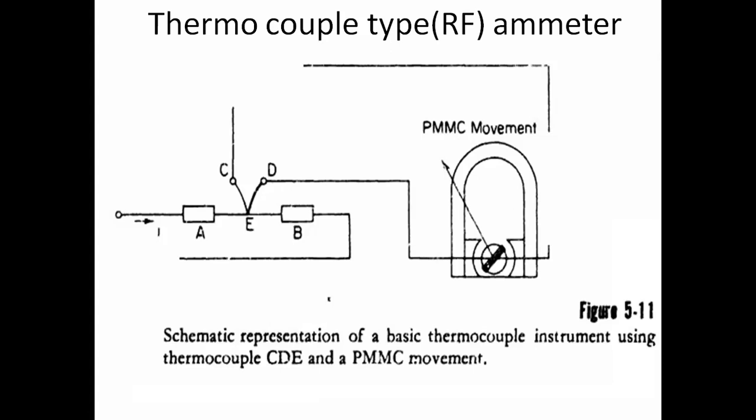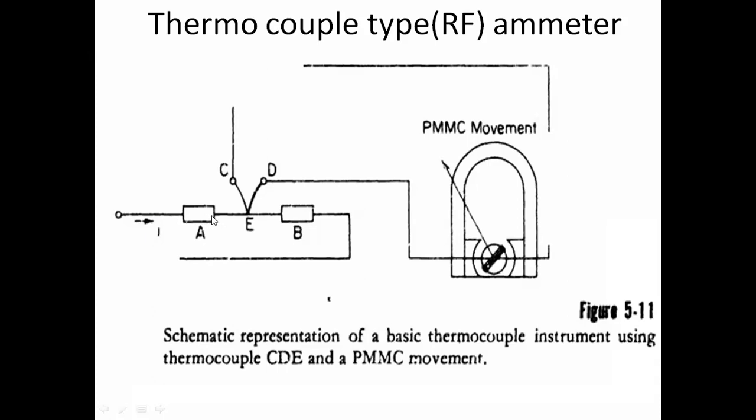A thermocouple is a transducer which senses the temperature and converts the thermal form of energy into the electrical form of energy. Here the electrical form of energy is nothing but the voltage, and the input to the thermocouple is heat, in the form of temperature. So this is the circuit, A and B is the circuit.